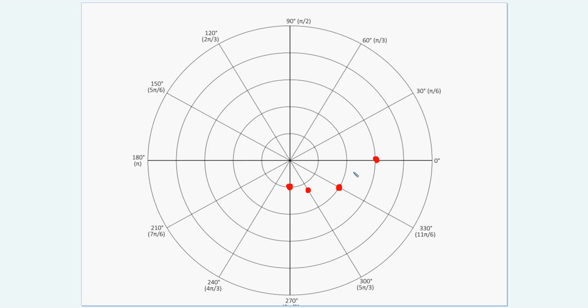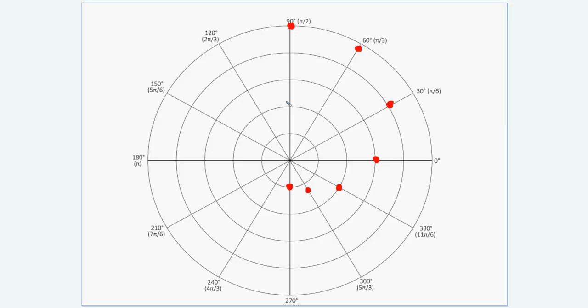Next up was pi over 6, 4. 1, 2, 3, 4. At pi over 3, it was 4.7, 1, 2, 3, 4, and almost to the edge there. And then we had pi over 2, 5, 1, 2, 3, 4, 5.